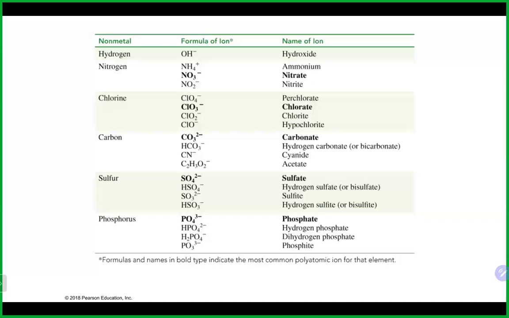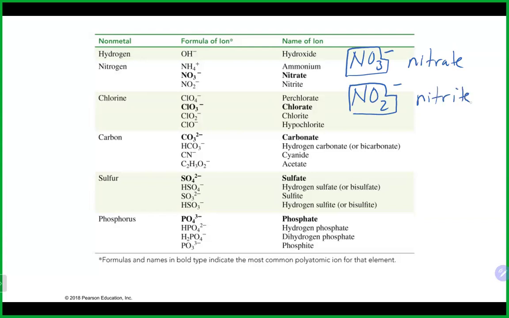So for example, if we took NO3 minus that we just saw, which once again has a -1 charge, that is nitrate. There's also one that's related to it that is NO2 minus, and that is nitrite.